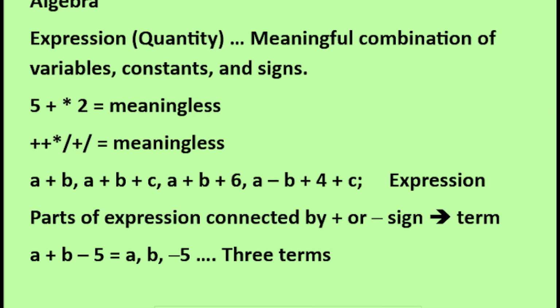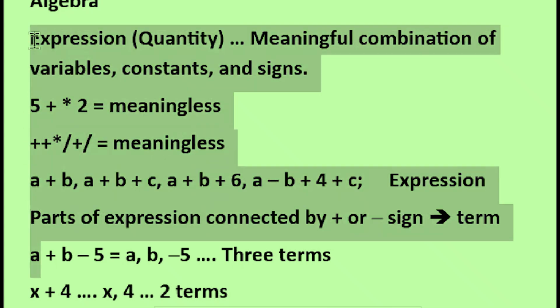If you say x plus 4, two terms. I'm not writing plus x, but actually x means plus x, and 4 means plus 4. So you have two terms. How many terms are there?